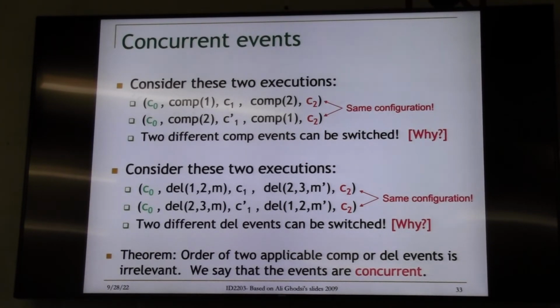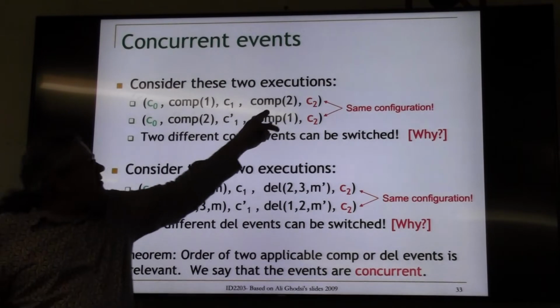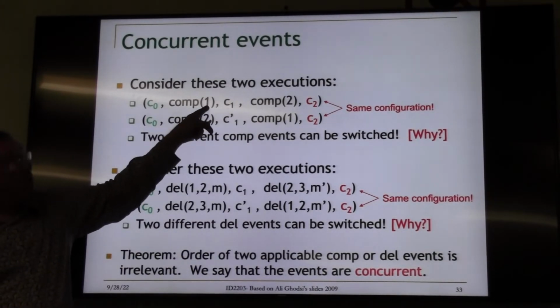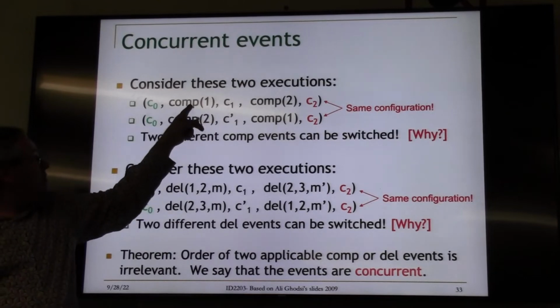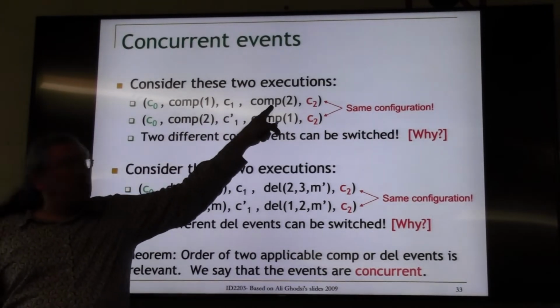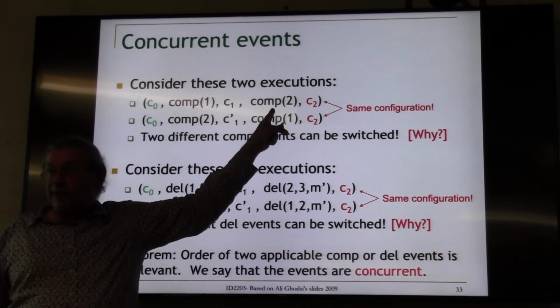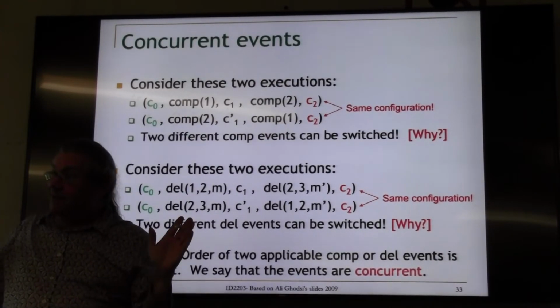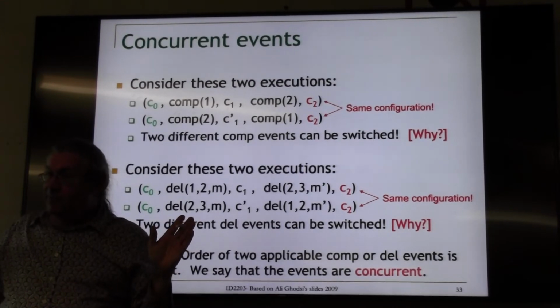So if we compute the first one and the second one in different orders, it doesn't matter? Well, yeah, you're on two different processes. This one is looking at the in-buff of number 1 and the state of number 1. This one is looking at the in-buff of number 2. And no messages are being sent between the two. They're independent, so to speak.